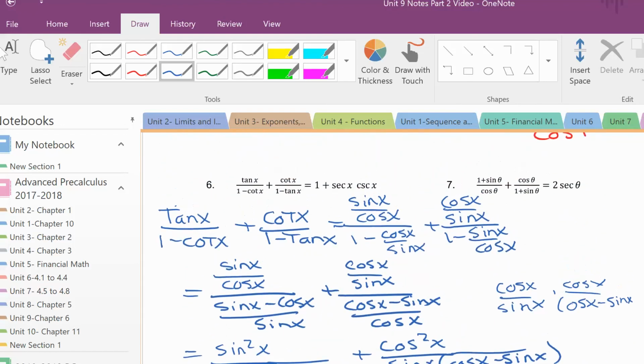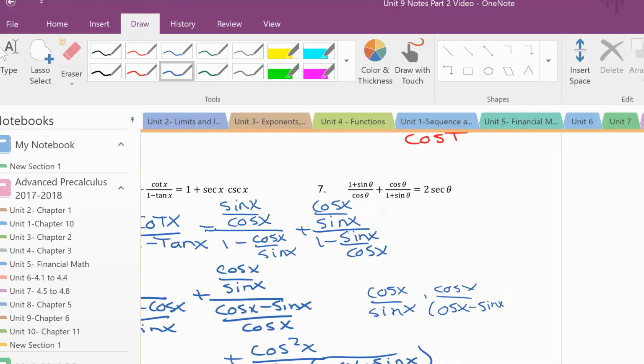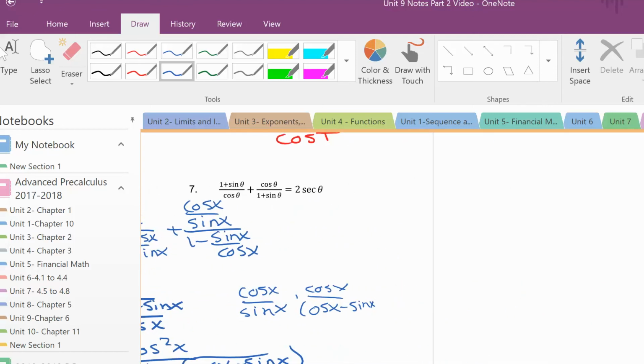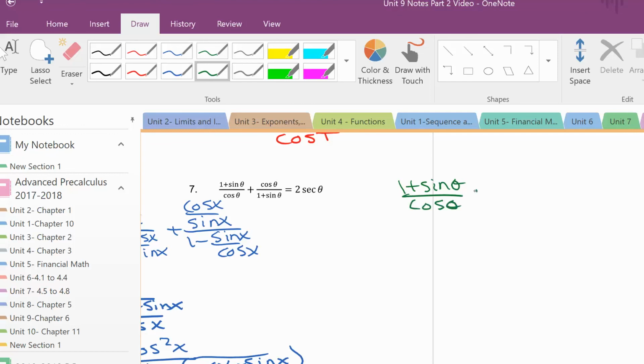All right. So number 7, we're going to have to do a little workout here since I used some of that space. I'll erase this part. So I'll use the left-hand side. So it's 1 plus sine theta over cosine theta plus cosine theta over 1 plus sine theta.